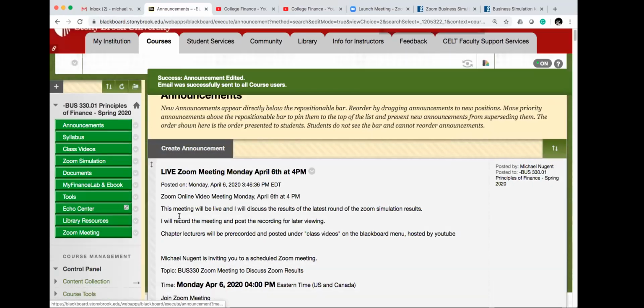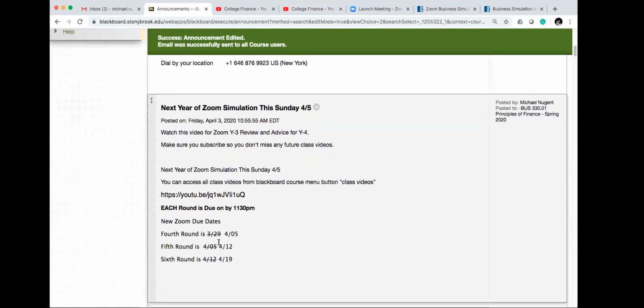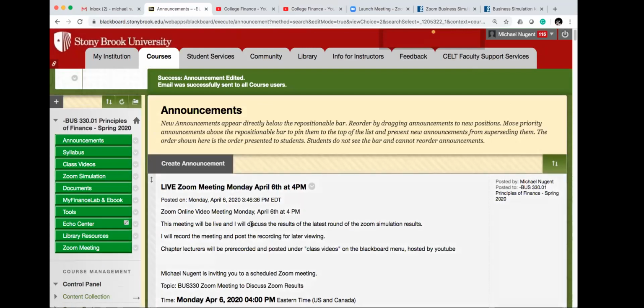And next weekend we're going to have a Zoom simulation due. Everyone completed it on the 5th, which was Sunday, and we have a next one due next weekend. And before I move into the Zoom simulation review, does anybody have any questions about the course or the due dates or anything like that?